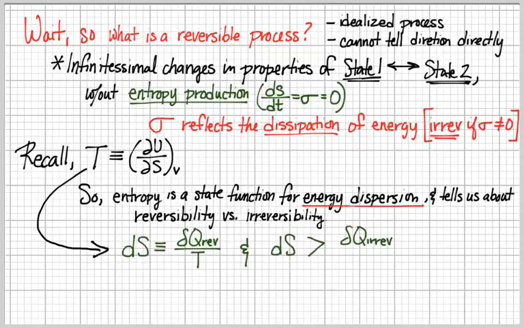Converting that around, looking at an ordinary differential of entropy change, mathematically I'm going to describe it as the inexact differential form of δq for reversible processes divided by the temperature of the surroundings.